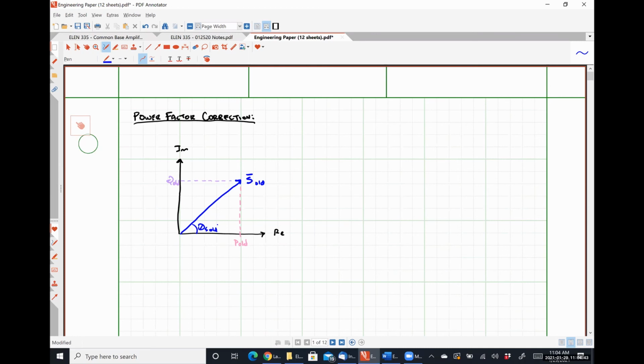The first way, the dumb way, would be to increase the average power absorbed by our load while holding the reactive power constant. Effectively, we would put resistance in series with our load. That would cause the angle to go down because the real portion is getting larger while the imaginary portion stays the same.